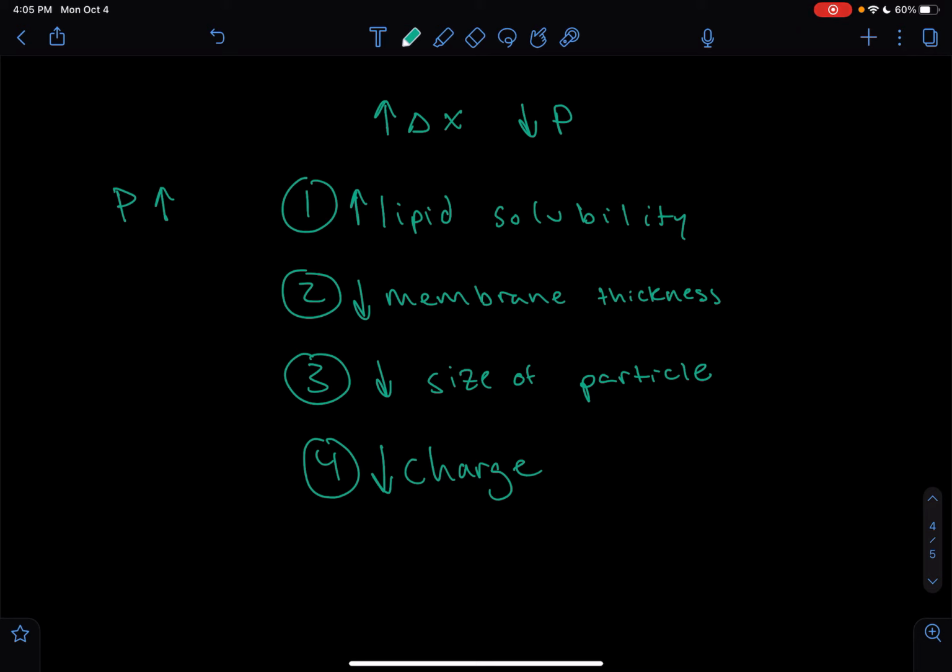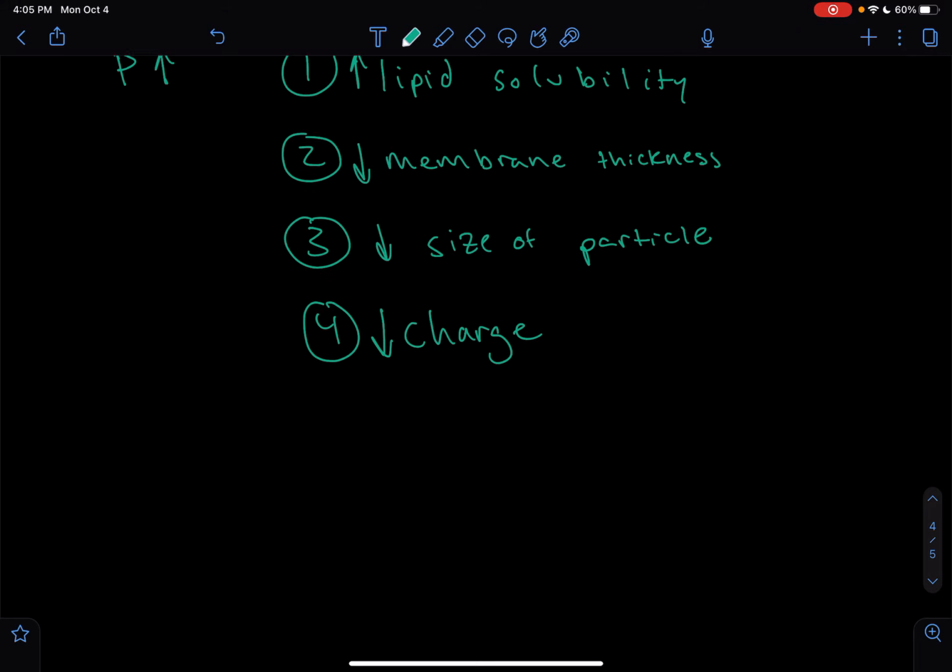So what does all of this have to do with drugs? If we want to get to the real medical relevance of all of this stuff, when it comes to drugs, some drugs, for example, might not be that hydrophobic. So what are we going to do? How are we going to get it inside the cell membrane?